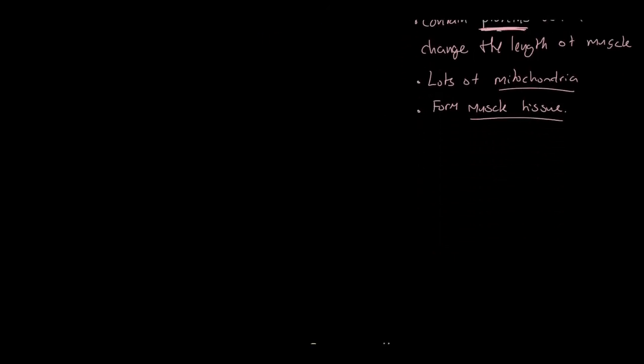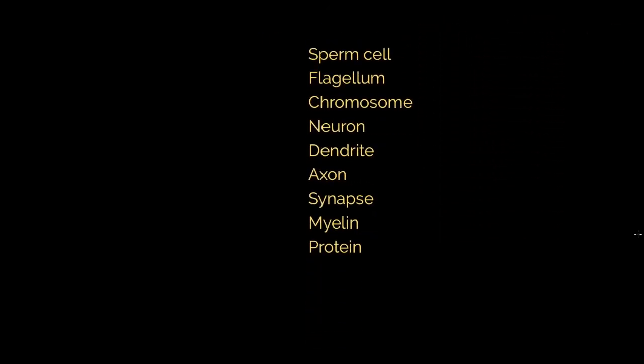Now, to finish off with, as we always do, I want to look at some key language that we've covered here. A sperm cell we have looked at. We've looked at the tail-like structure of the flagellum of the sperm cell. We've talked about the chromosome, which is effectively the genetic makeup, 23 chromosomes within a sperm cell, for example. We've looked at a neuron or a nerve cell. We've looked at a dendrite, and with regard to dendrites, we're talking about increasing surface area and connecting to other neurons.